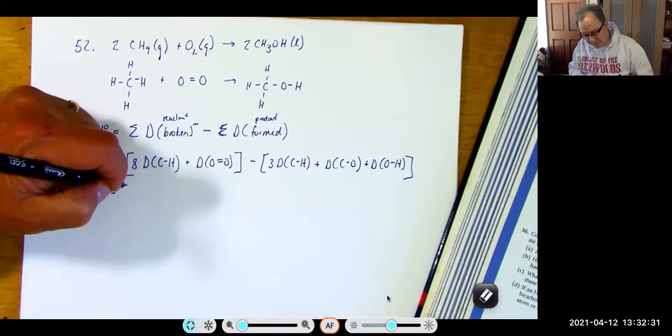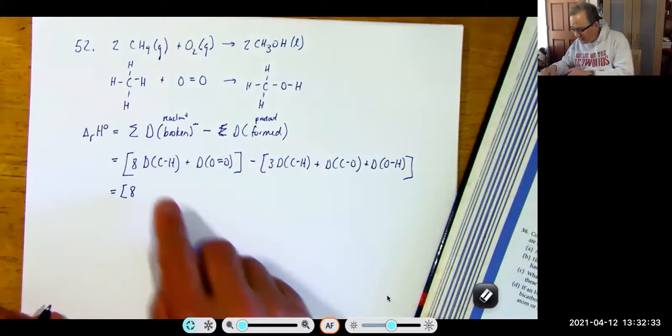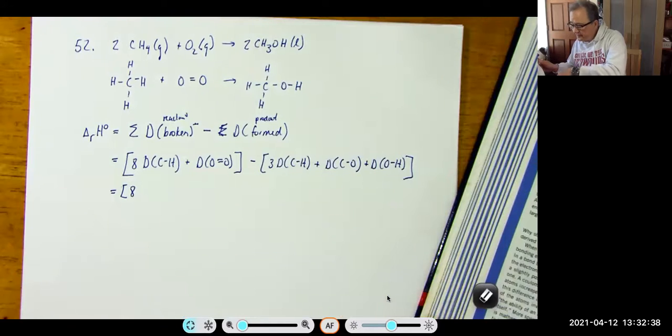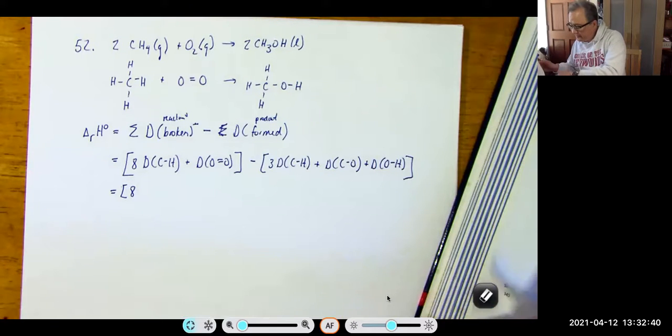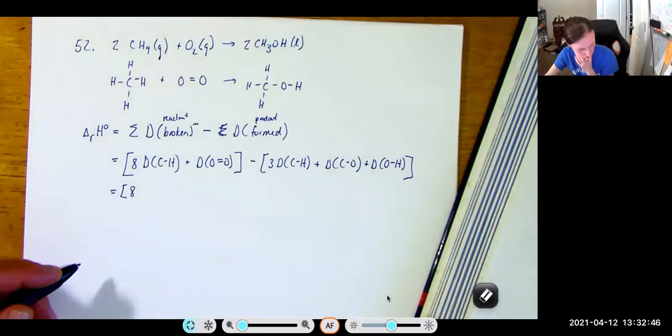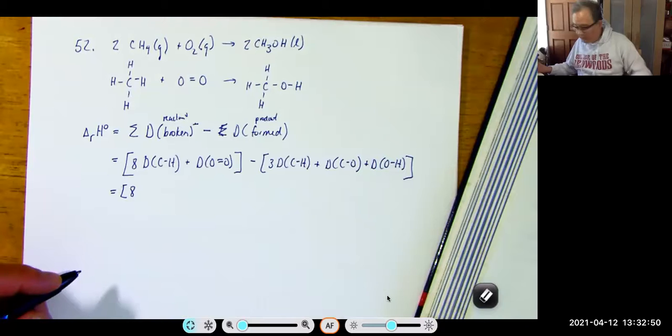And so a carbon-hydrogen single bond is 413.